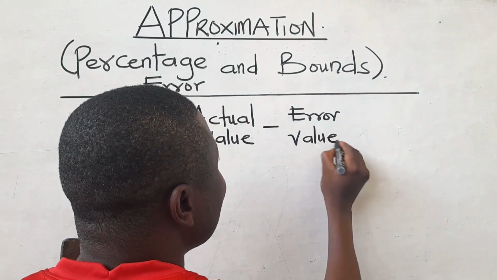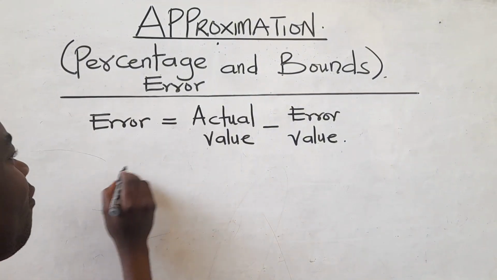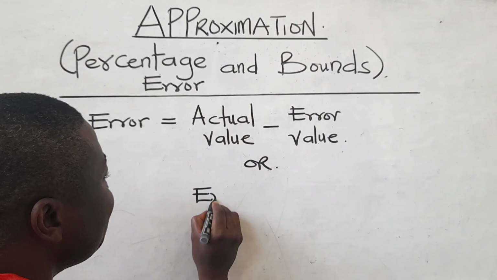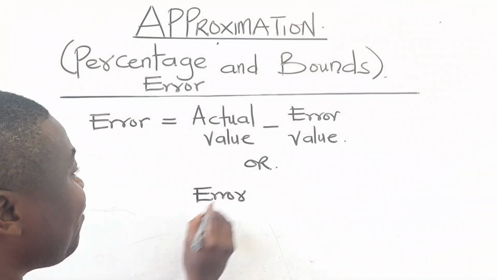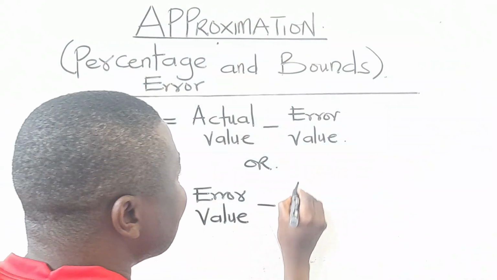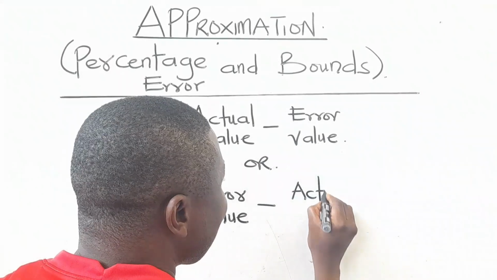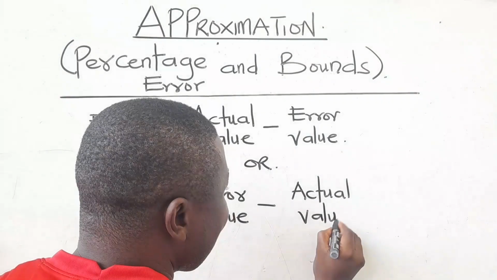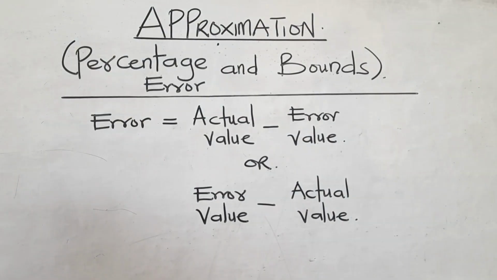If the error value is bigger, it's error value minus the actual value. This is how to get the error.